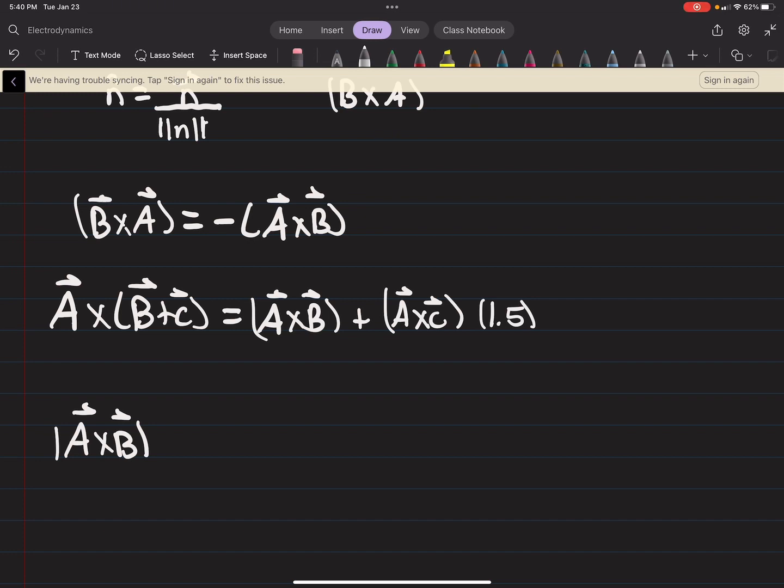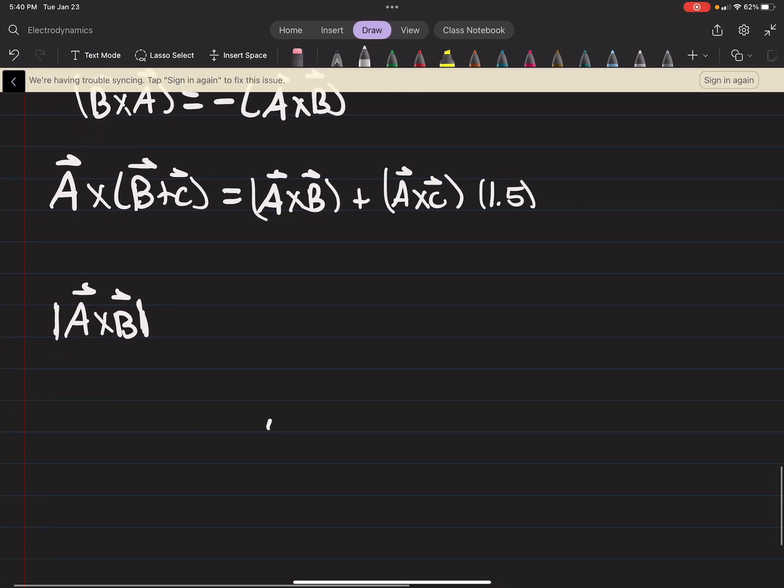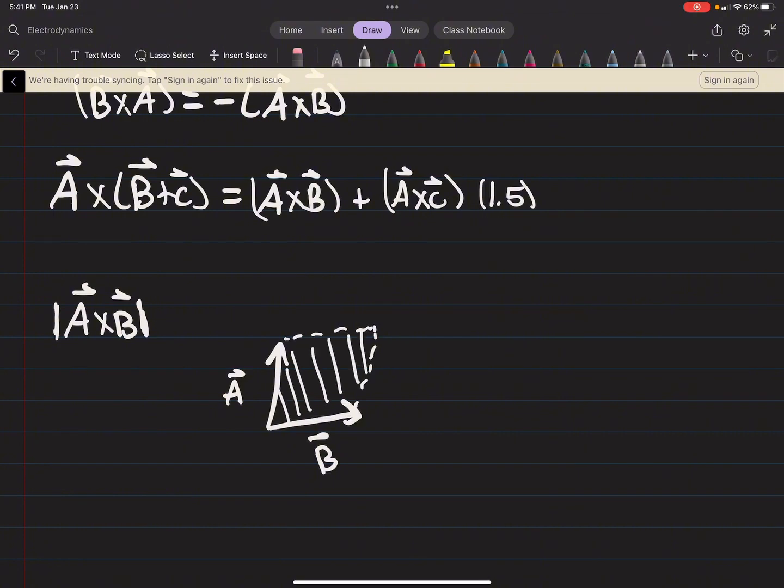One way you could think about the magnitude of the cross product, it's the area of a parallelogram that comes from both A and B. So if you have vector A, you have vector B. If you can imagine extending this, creating a parallelogram, this area is the magnitude of the cross product.